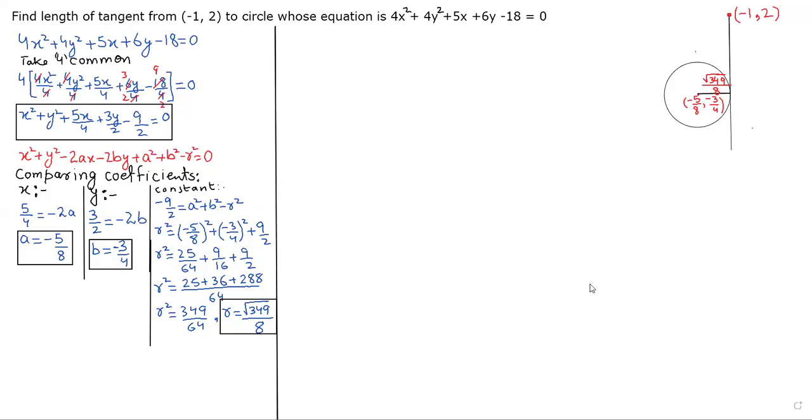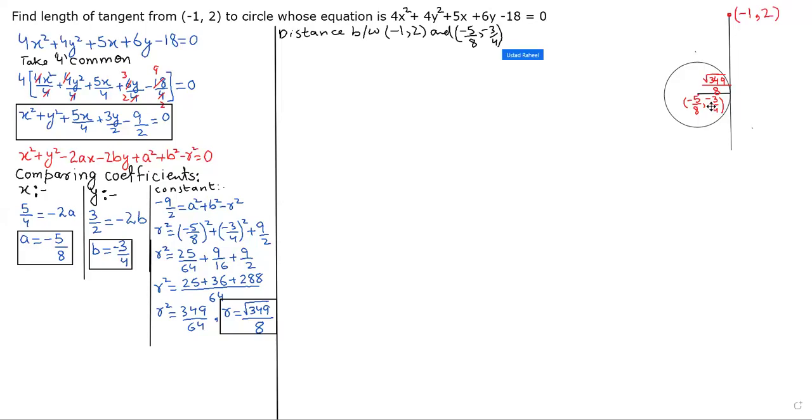Now I'm going to find the distance between two points: minus 1 comma 2 and minus 5 over 8 comma minus 3 over 4.